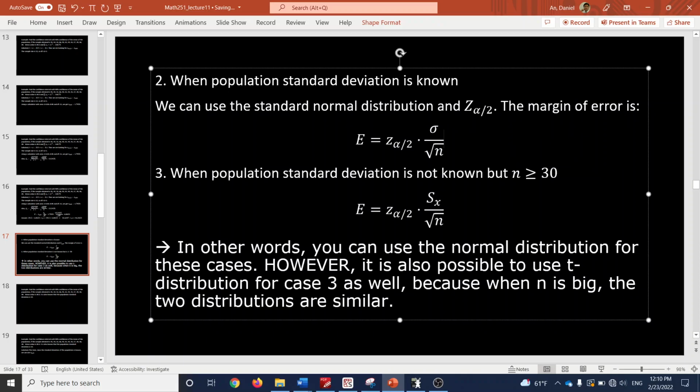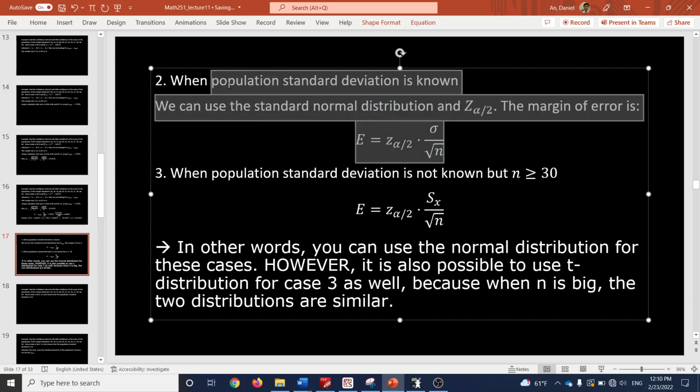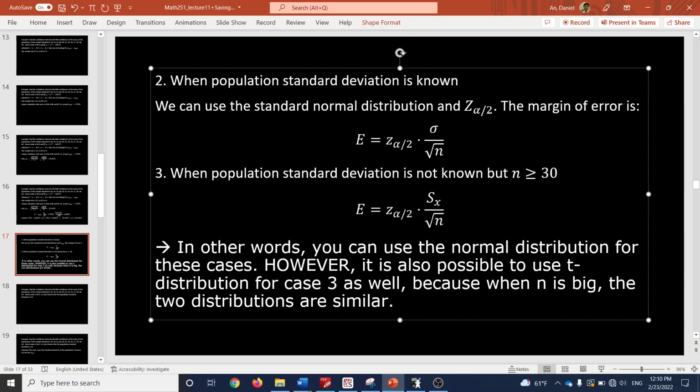So even if the sample size is less than 30, if you know the population standard deviation, your margin of error is just this. You don't have to use the t distribution. Okay. But in practice, this rarely happens. It's rare that you know the population standard deviation before taking the sample.